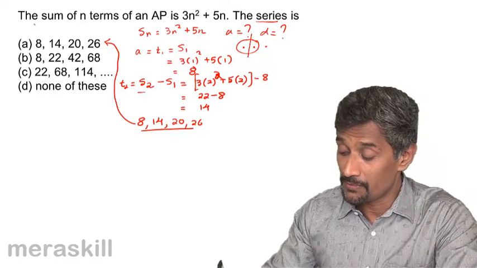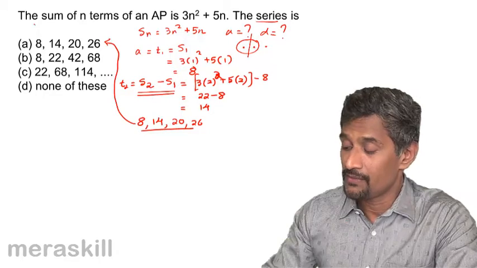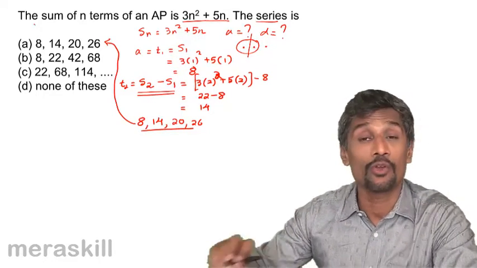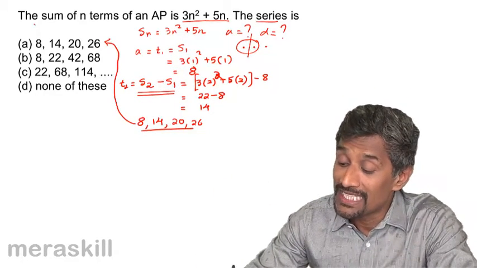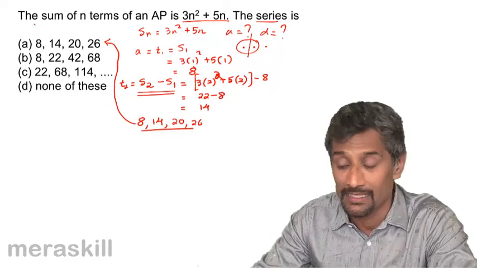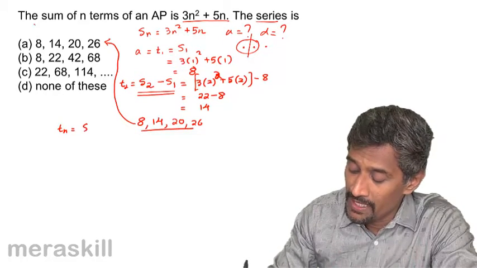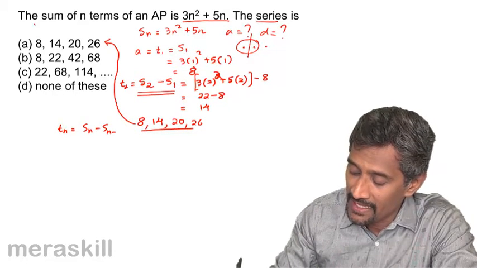Now this is something, please remember, candidates, dear friends, that whenever the sum has been given, please do not mix this up with the nth term. It's told sum of n terms, which means Sn, and always Tn would be Sn minus Sn minus 1.